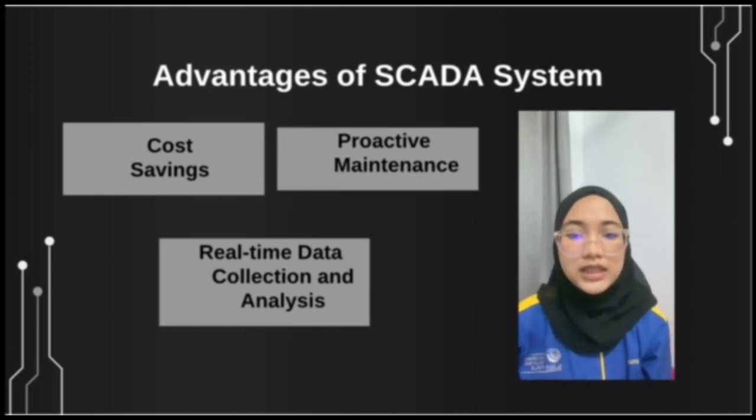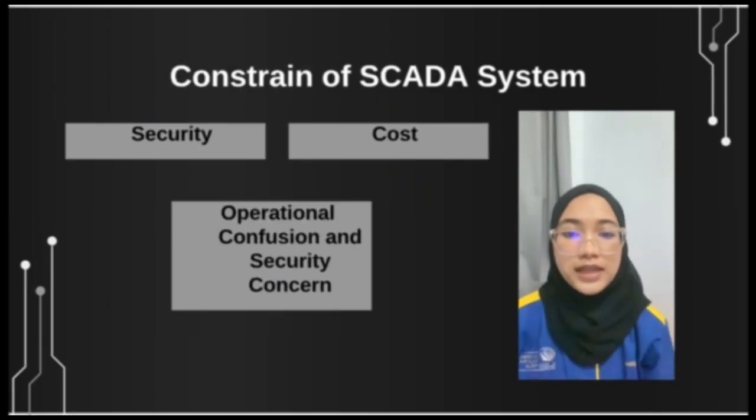The third advantage is proactive maintenance. The SCADA system allows for preventive maintenance measures and helps anticipate machine failure. Next, I would like to explain about the constraints of the SCADA system.